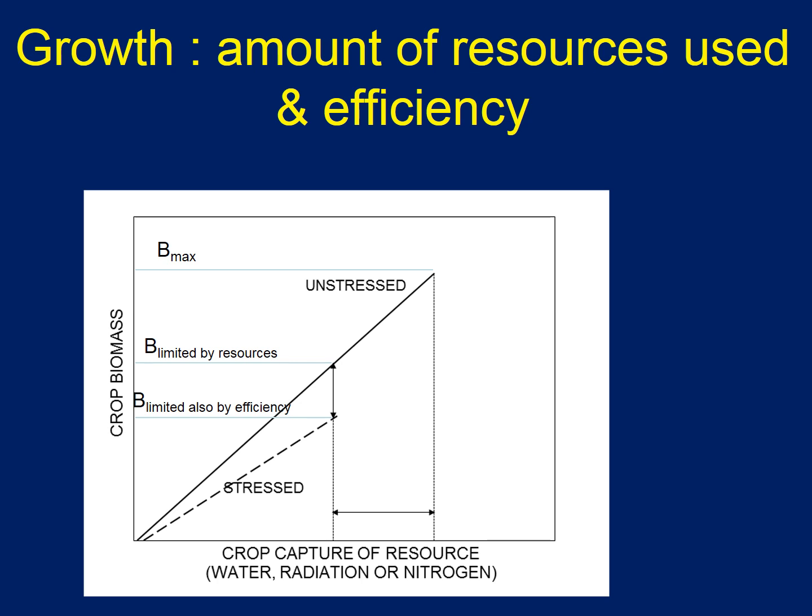So, for most situations, the productivity of the crop, the growth of the crop, is limited by the amount of resources captured by the crop. And if the level of stress is higher, we will also reduce the efficiency in the conversion of resources to crop biomass.